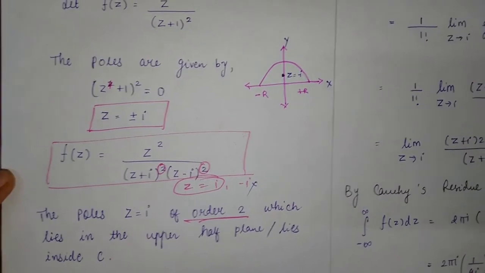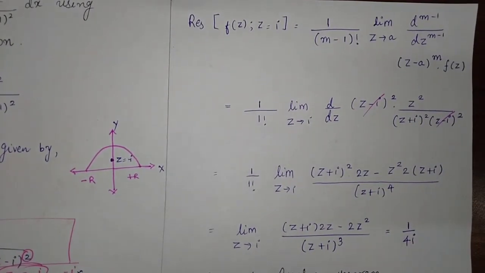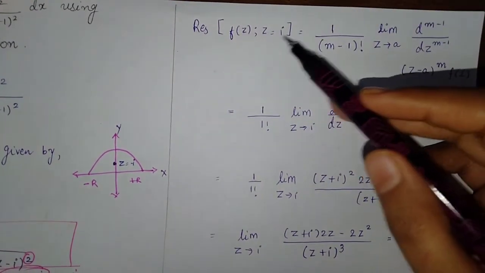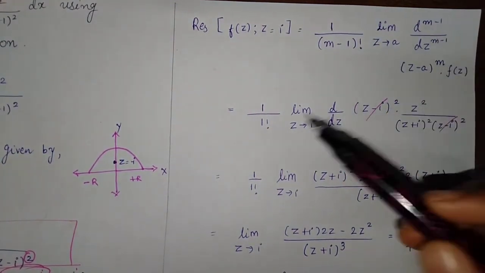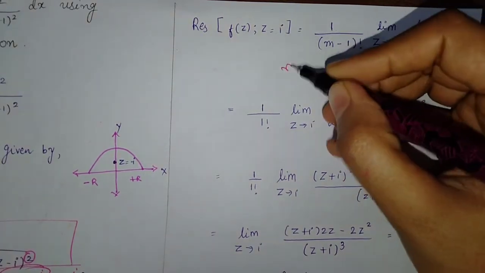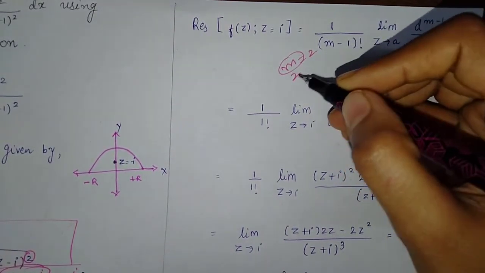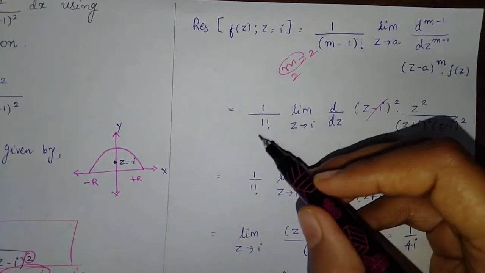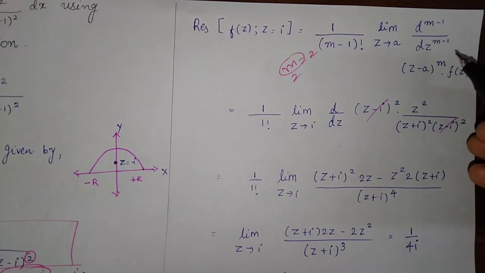So to find the residue, we will use the method of pole of order m. So it will be the residue of function f of z at z equal to i, 1 by (m minus 1) factorial. Our m is 2 because the order of the term is 2. So 1 by 1 factorial, limit z tends to i, d by dz of (z minus a) to the power 2.